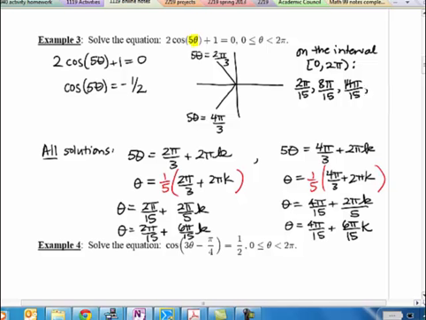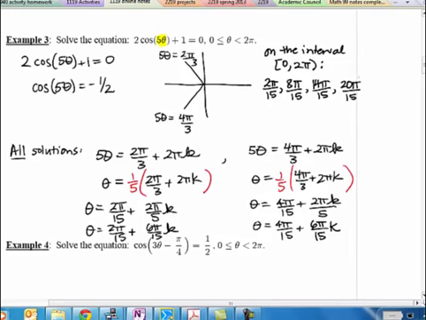That's certainly less than 2 pi. 2 pi would be 30 pi over 15, right? So add another 6, we'll have 20 pi over 15, which we could reduce, but let's leave it like that for now. Another 6, we'd have 26 pi over 15. But another 6, we'd have 32, and that would be too big.